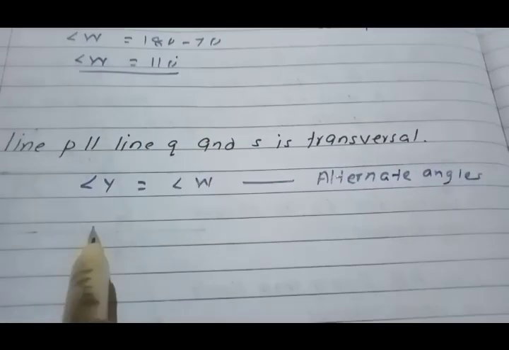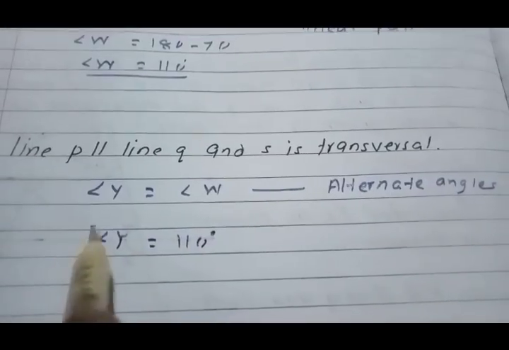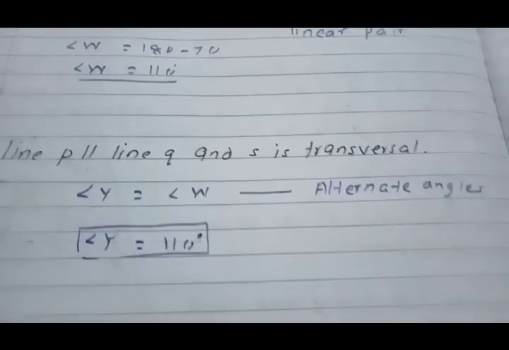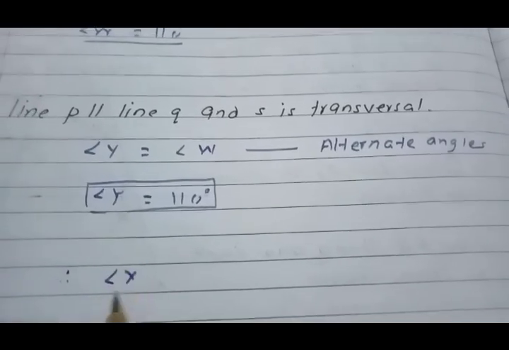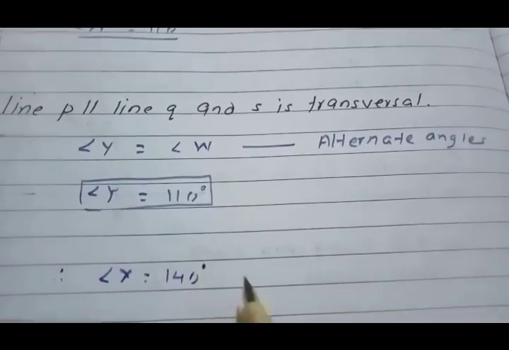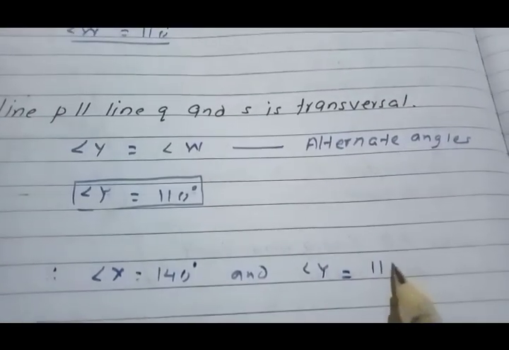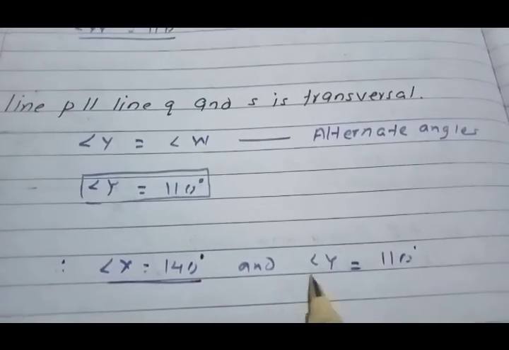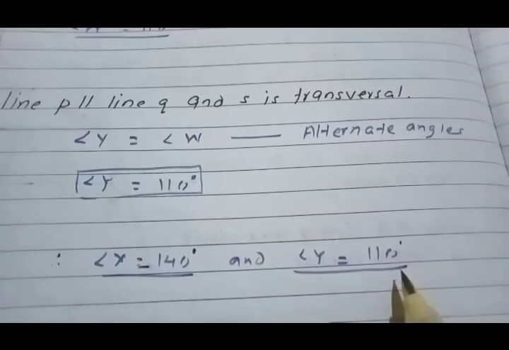W 110. So angle Y equal to 110 degree. So therefore angle X equal to 140 degree and angle Y equal to 110 degree. This is the answer. X value 140 and Y value 110.